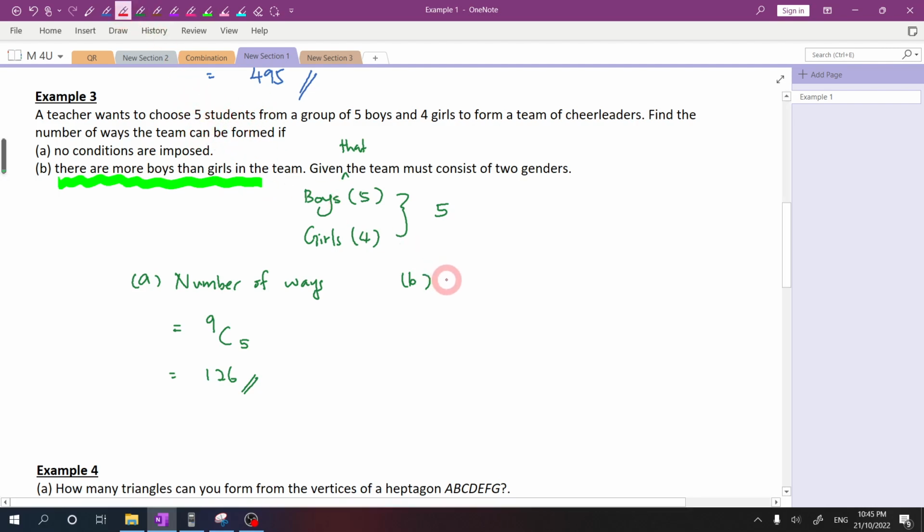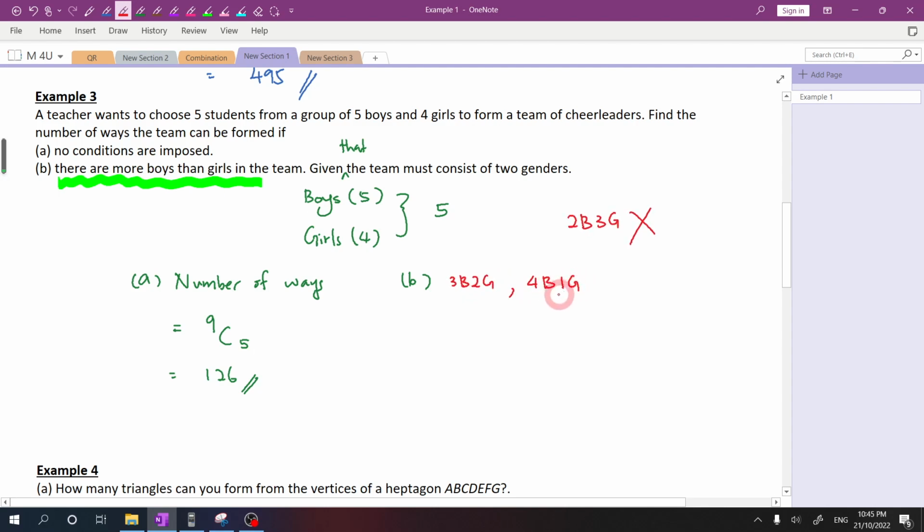So more boys, it can be 3 boys, 2 girls, right? How about 2 boys, 3 girls? Cannot. They cannot be accepted because here we require more boys. 2 boys, 3 girls, now girls are more than boys. We don't want this. We want more boys. So it must be 3 boys, 2 girls, or 4 boys, 1 girl.